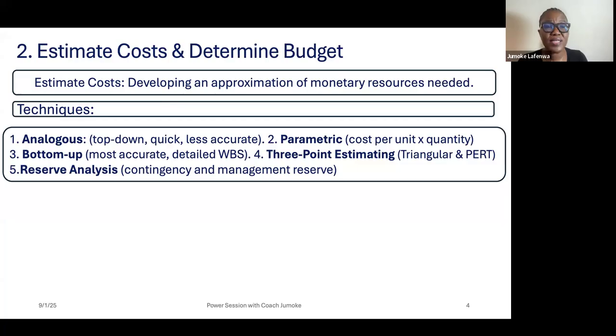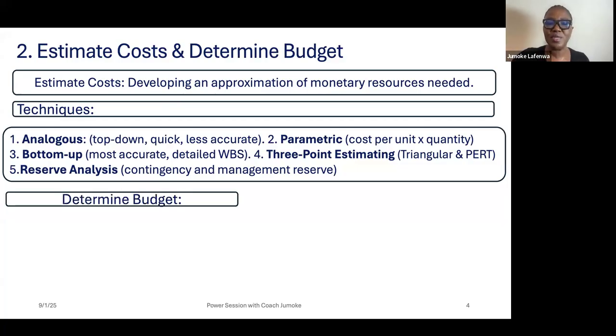So these are the ways that you can estimate costs. Now, the management reserve, unlike contingency reserve, is not under the control of the project manager. It is with management. You, the project manager, will only contact management when an unknown risk becomes an issue.